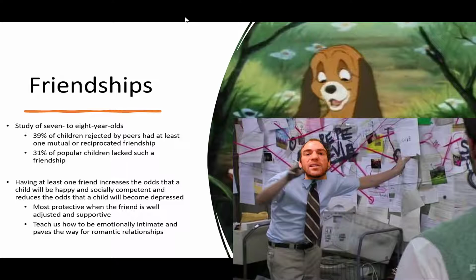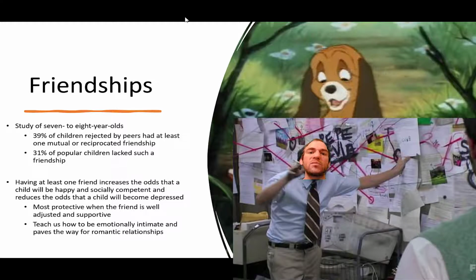So the idea here is that it's not just the raw quantity of friends, but obviously the quality of friends. Having a supportive, socially competent, and well-adjusted friend contributes to positive outcomes and acts as a protective factor for a child who may have been rejected, or who may be a little shy or unassertive, and through time just needs a little more social experience.